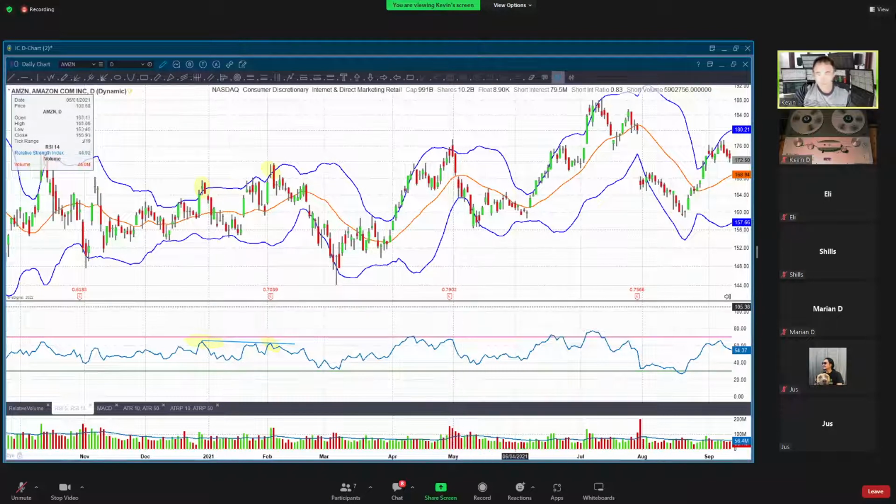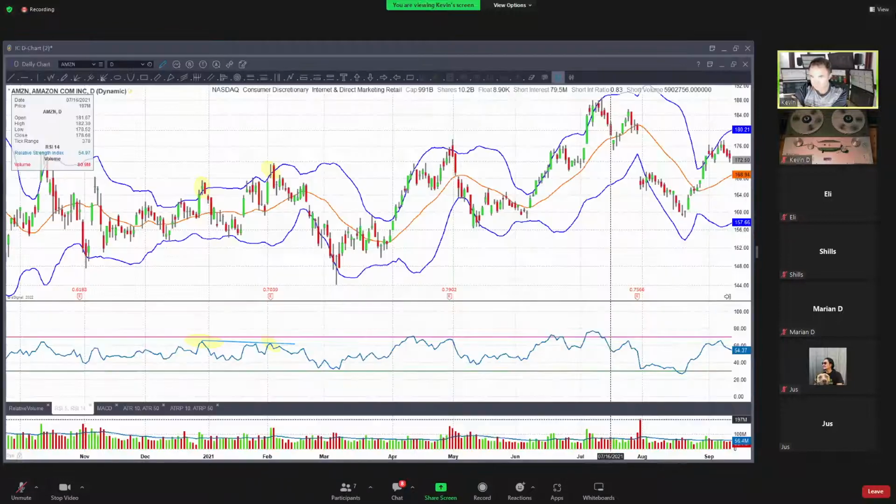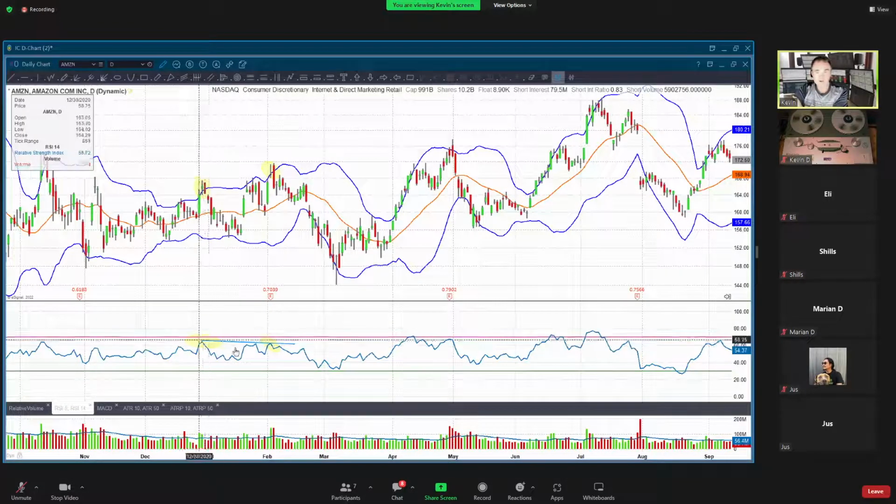So again, remember our rules. Let's go back to our rules on this. We have a close below the lower band, or in this case, the upper band, right? Because we're reversing this to go short. And RSI needs to be above 75. So not 25, but 75. We did not have that here.